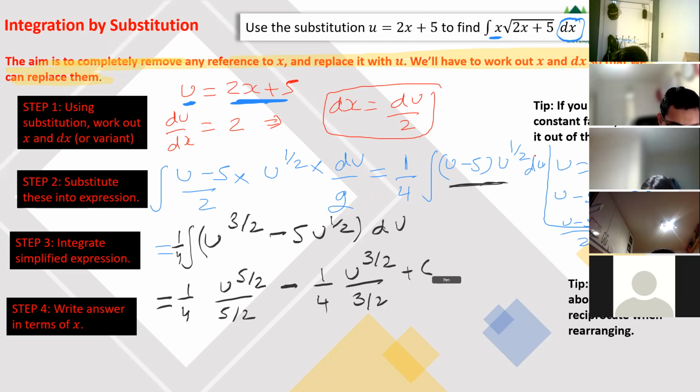Can you simplify a little bit, please? So 5 over 2 becomes 2 over 5, right? Yeah. Okay, so go on, what do we get? So it'll be u to the power 5 over 2, times 2 over 5, so we got 2 over 20, yes.